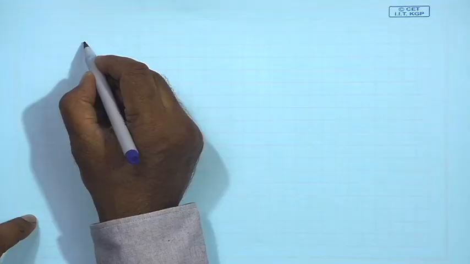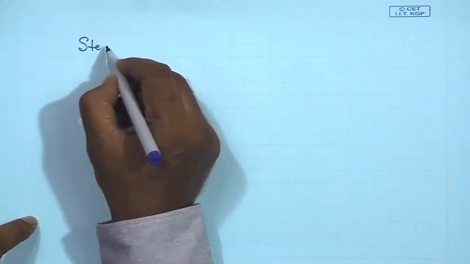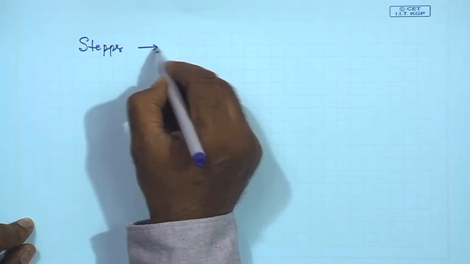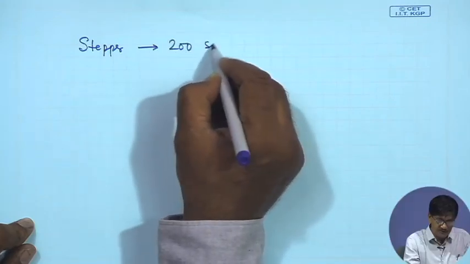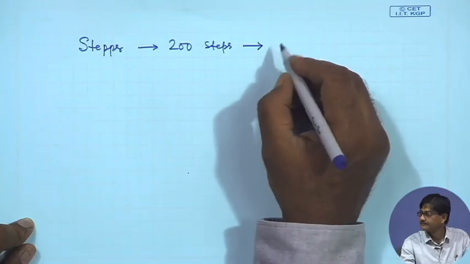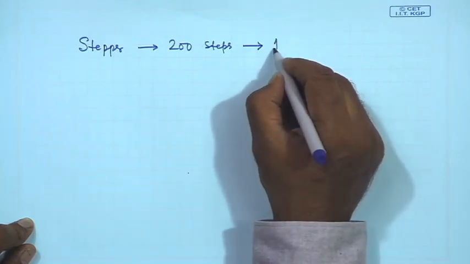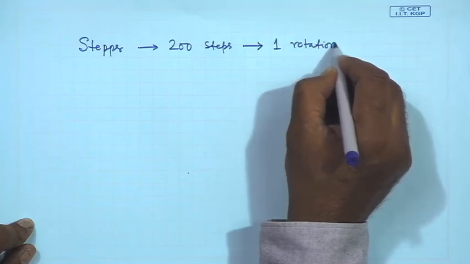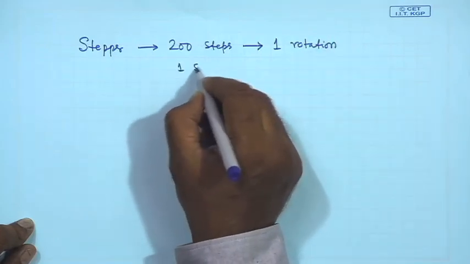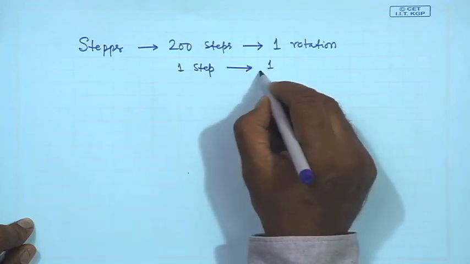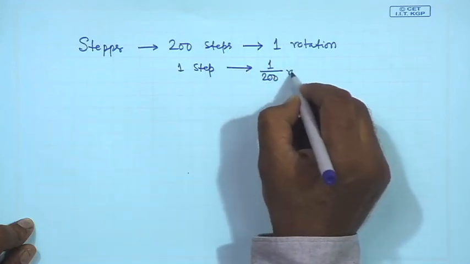So, we have stepper, 200 steps, one rotation, one step, 1/200th of a rotation.